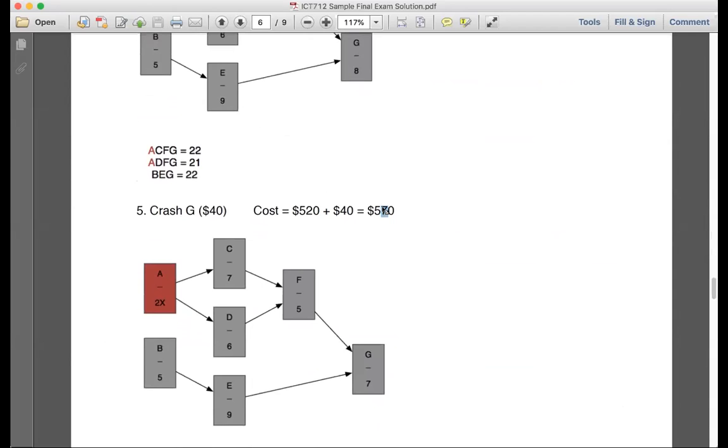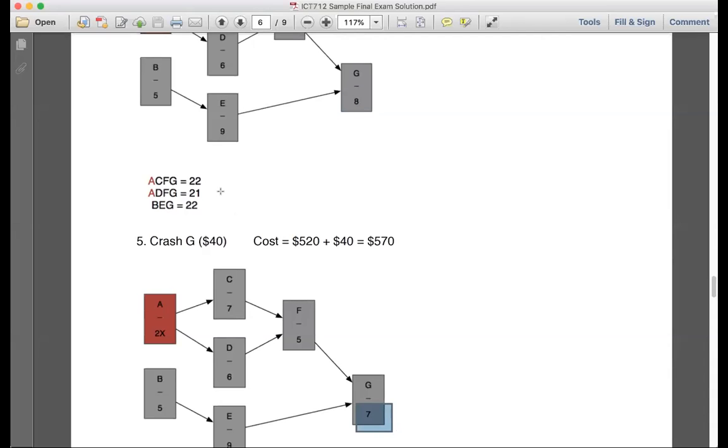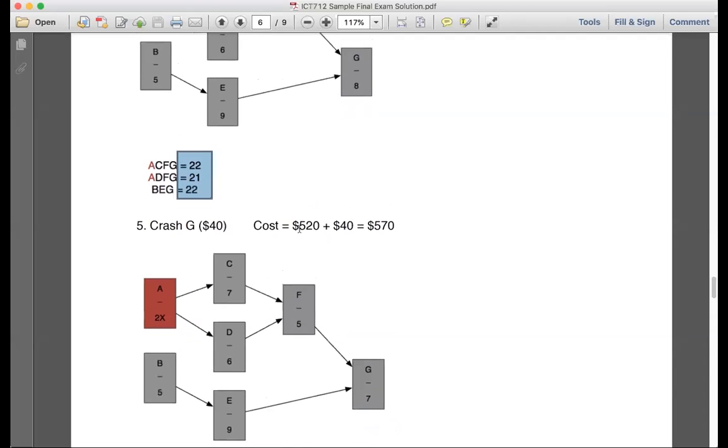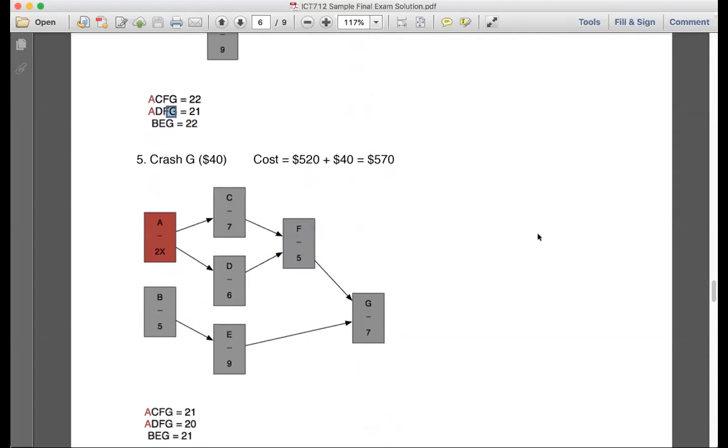All right. And instead of 8, what am I going to have? 7. Great. And instead of 22, what would I have? 21, 20, 21, because sorry, G is 20, also here. Yeah. Okay.